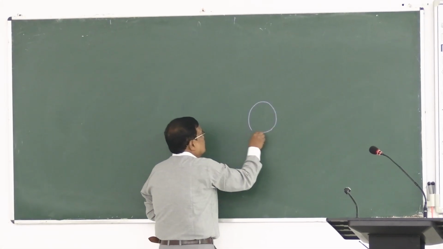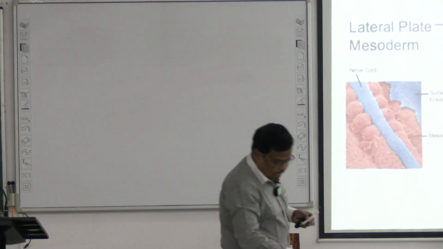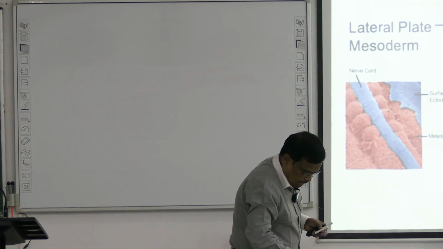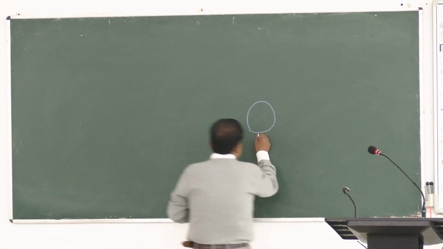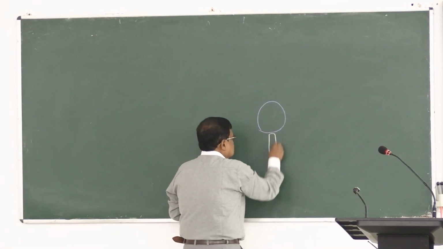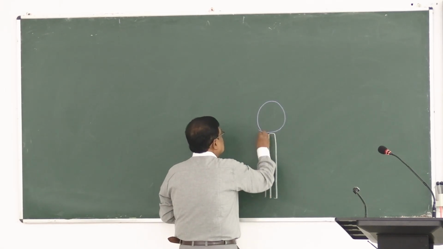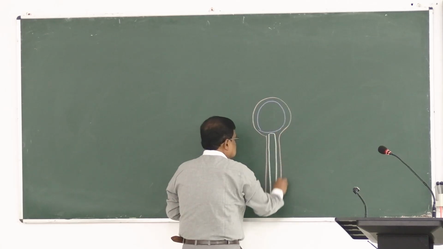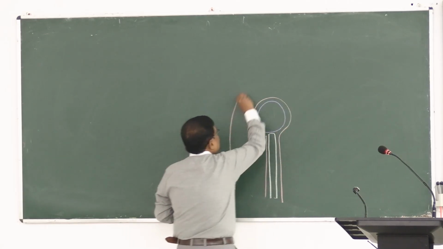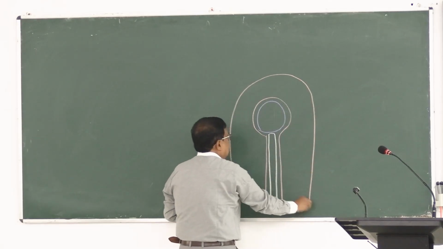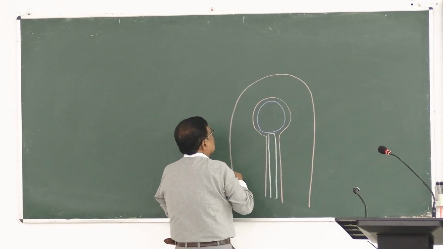This is the precaudal plate, this is the notochord, this is the mesoderm. This mesoderm is just cranial to the precaudal plate.